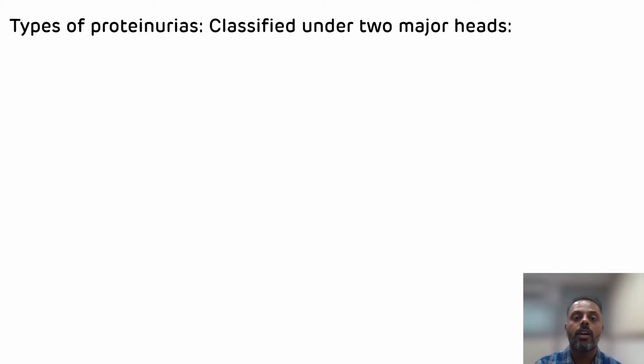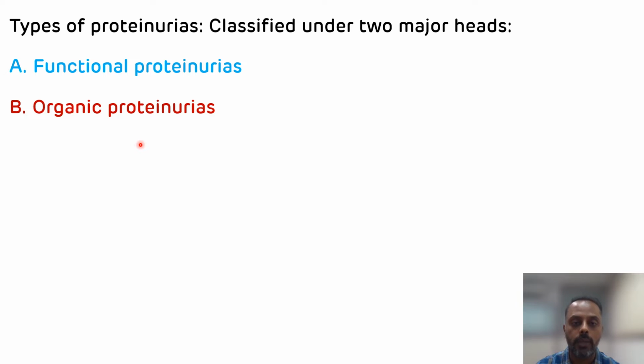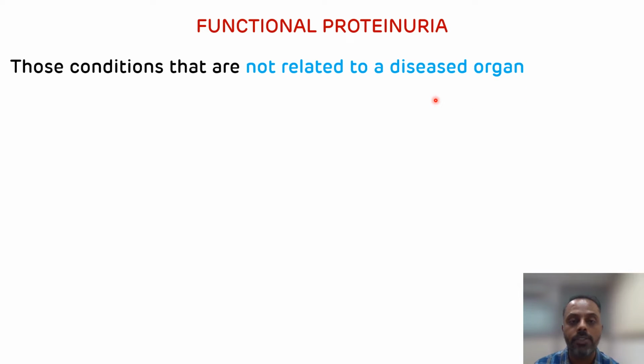Now we will see types of proteinuria. Proteinuria is classified under two categories. The first one is functional proteinuria and the second one is organic proteinuria. First we will see the definition and causes of functional proteinuria and then organic proteinuria. Functional proteinuria occurs due to conditions which are not related to a diseased or damaged organ.